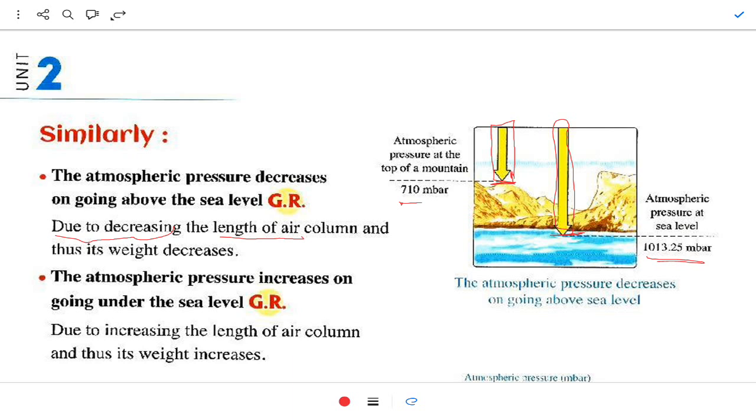And another question: the atmospheric pressure increases on going under the sea level due to increasing the length of the air column, and thus its weight increases, like that. This air column is much taller than that, so it has more pressure on it.